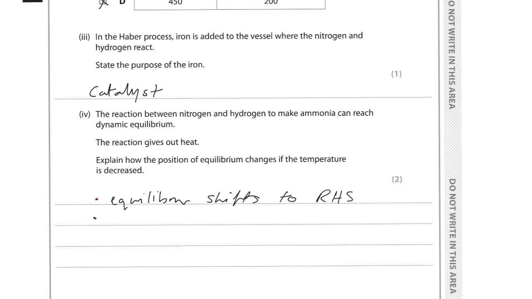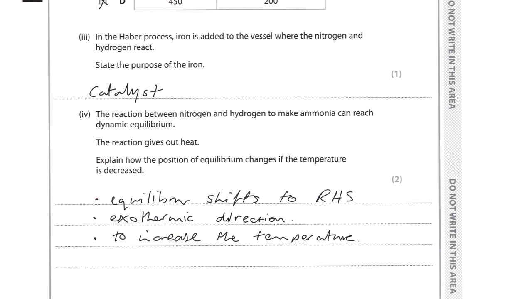You could also say that it shifts to the exothermic direction, and it does that to increase the temperature. Now, regardless of whether you got heat on either side, you should still have been able to say that it did something to increase the temperature, because it always does something to counter the change, to do the opposite of the change that's done to it. So if the temperature is decreased, it's going to increase the temperature.